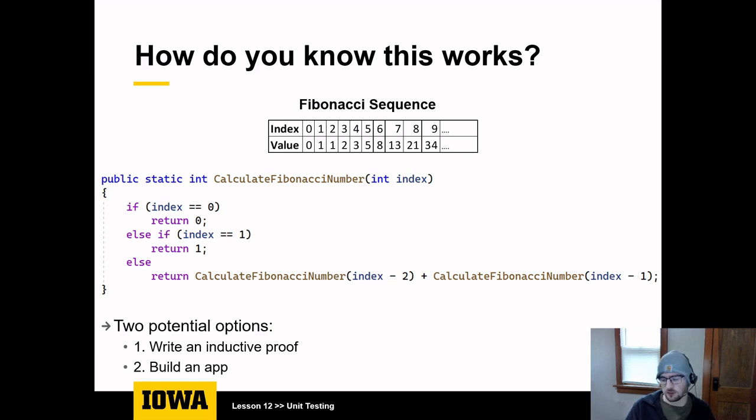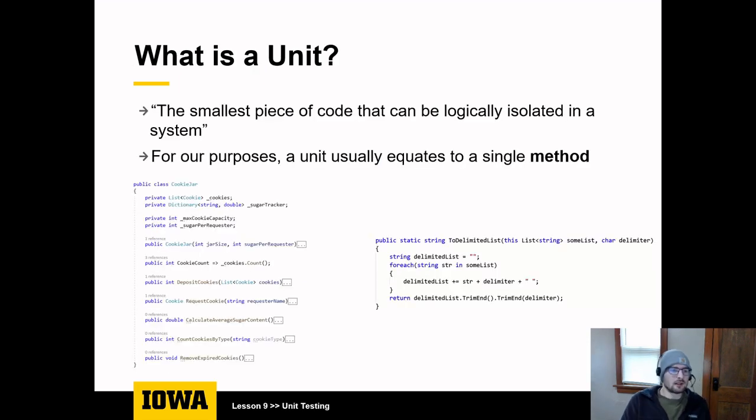Writing an inductive proof is going to be too much work from our perspective, and building an app to do this is not a useful app, one that just calculates the Fibonacci number, especially because you can just look online and there's already something out there that will do it for you. So how do we want to test that our calculate Fibonacci number is correct? With unit tests, right? As you might expect by now.